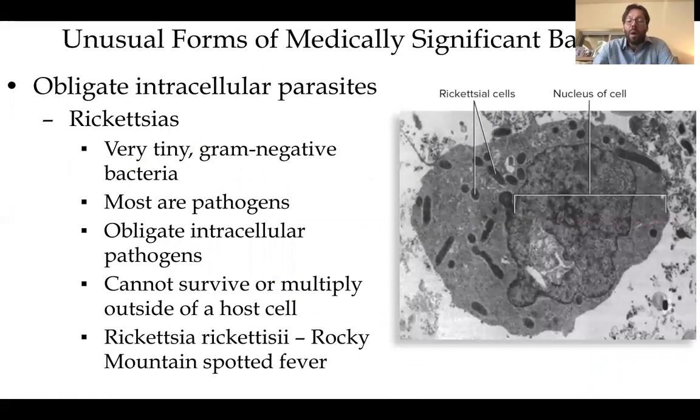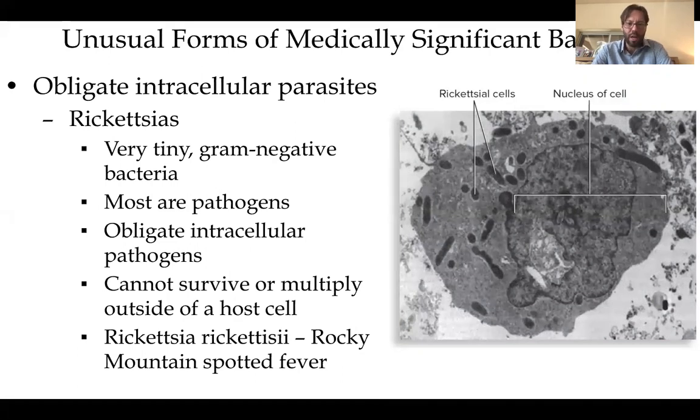Okay, let's talk about the unusual ones that do have a medical significance, though. The rickettsiosis is one of those examples. It's an obligate intracellular parasite, so that means it has to go inside the cell of a host in order to carry on its life cycle. These are going to be gram negative, very small.